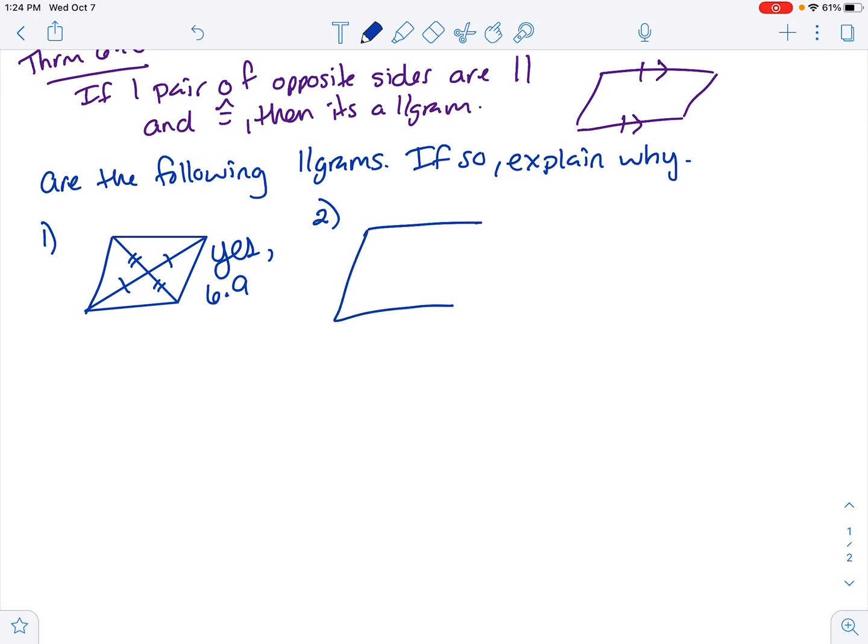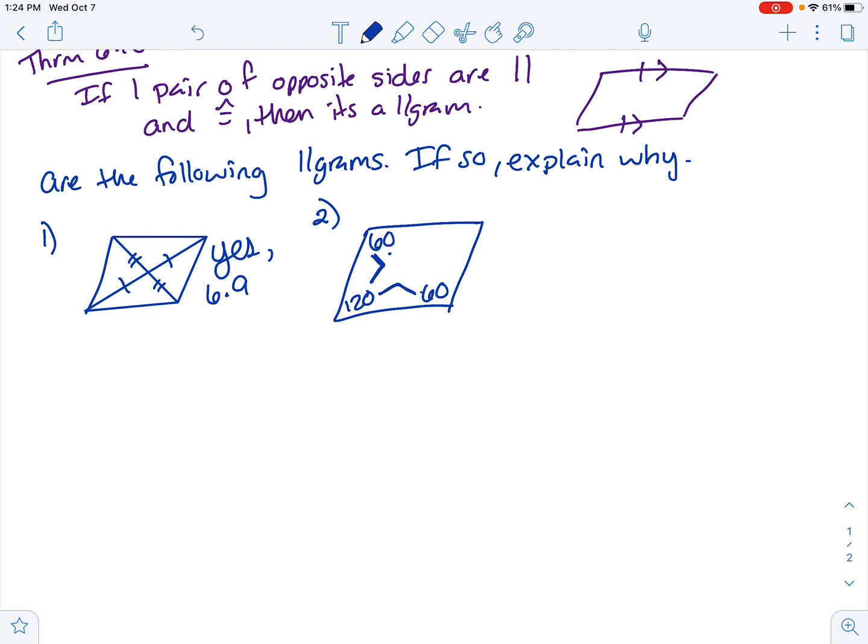Try this one. Okay, so this one I'm given angles. Now, what am I given? I have my opposite angles on one diagonal, 60 and 60, but I don't have 120 and 120. So I'm not looking for opposite angles being congruent, but I do know these are consecutive, right?